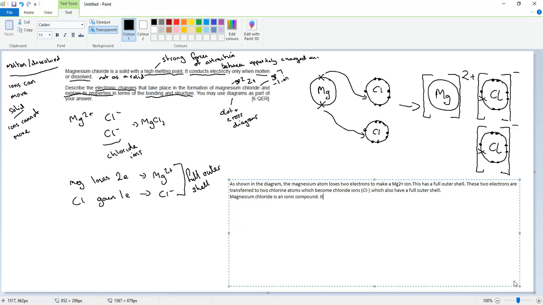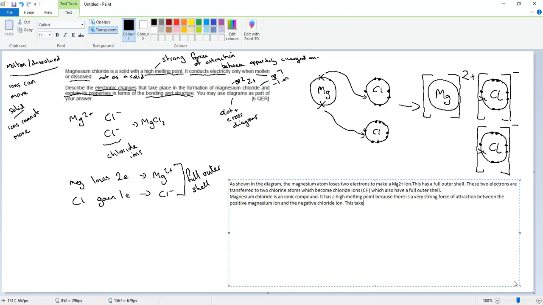It has a high melting point because there is a very strong force of attraction between the positive magnesium ion and negative chloride ion.